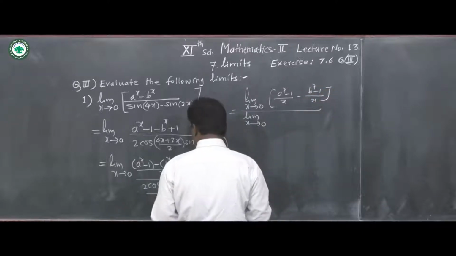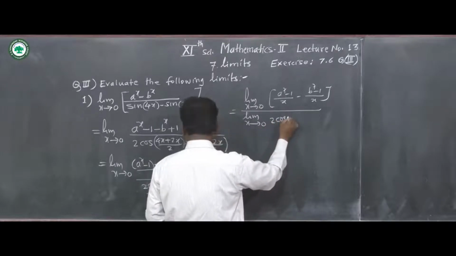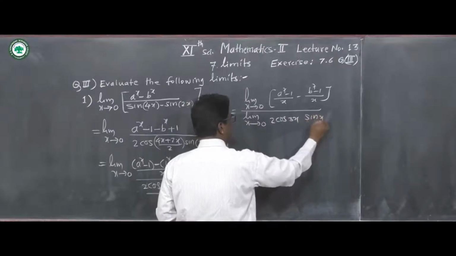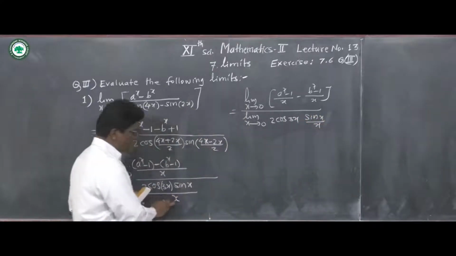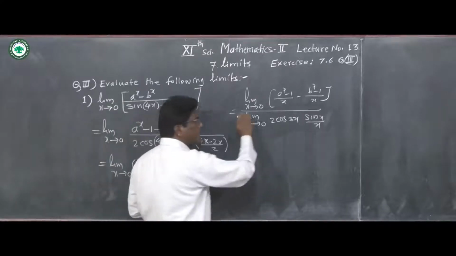And in the denominator here limit x tends to 0, 2 into cos of 3x into sin x upon x. Write this x below this sin x. Write this x below sin x. And now here separate limit to every term.